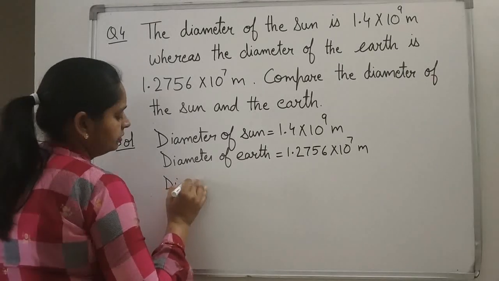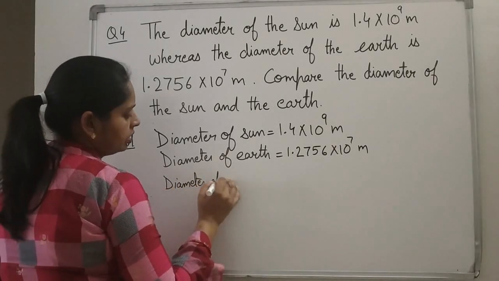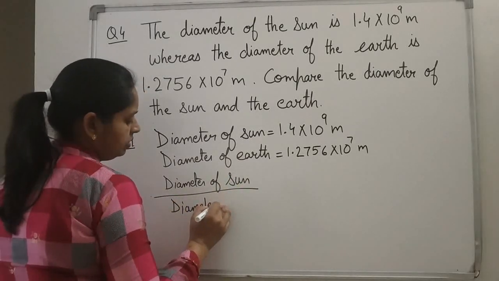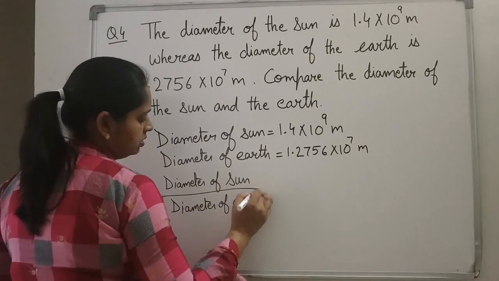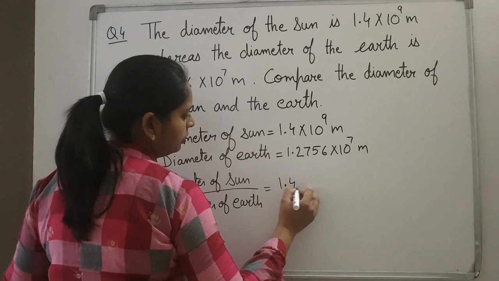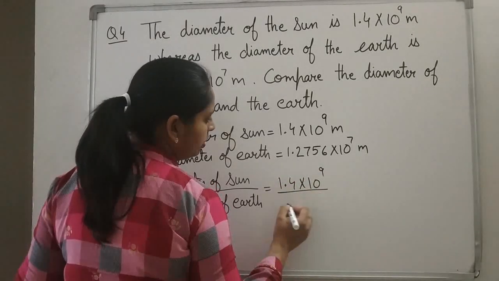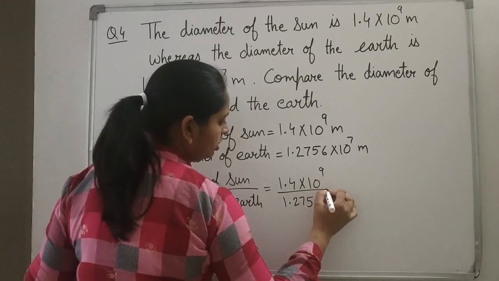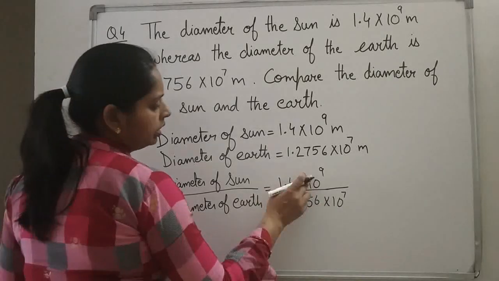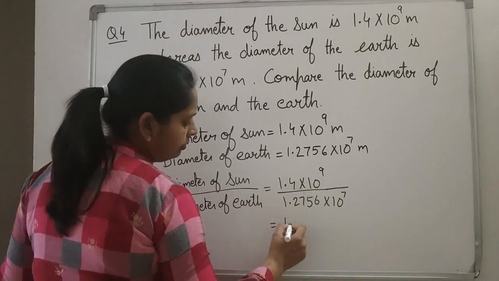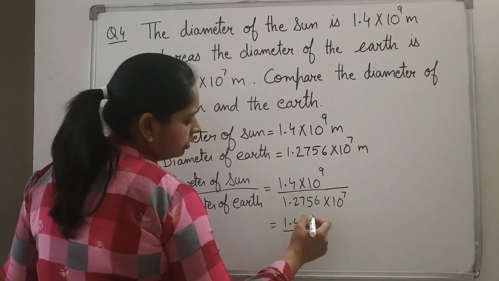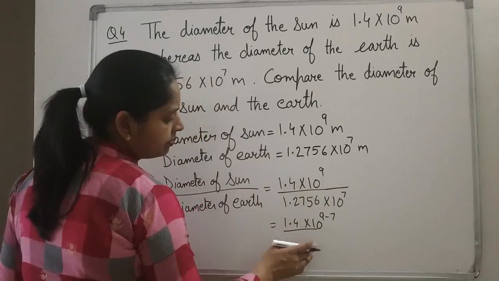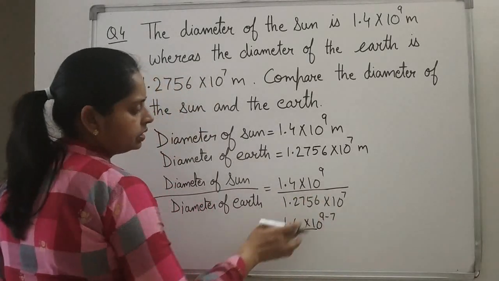Diameter of sun upon diameter of earth will be equal to 1.4 into 10 to the power 9 upon 1.2756 into 10 to the power 7, right? Both have the same base 10. So the answer will be 1.4 upon 1.2756 into 10 to the power 9 minus 7, because both have the same base. So the power will get subtracted because there is a division between them.